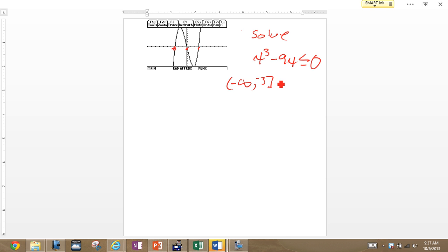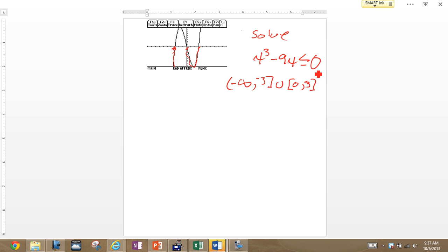And then in union with the interval from 0 to positive 3, inclusive of both of those. Again, it's below the axis here, and here. And that's what this is asking.